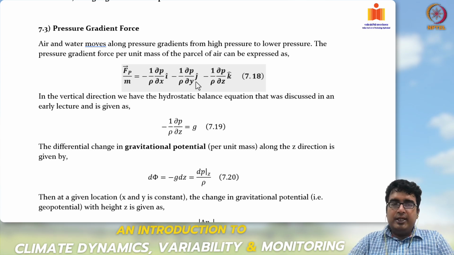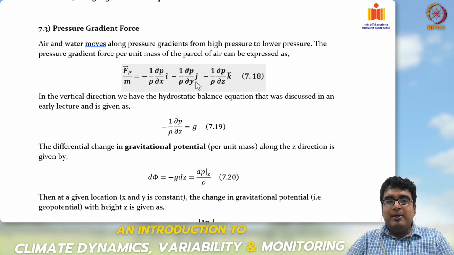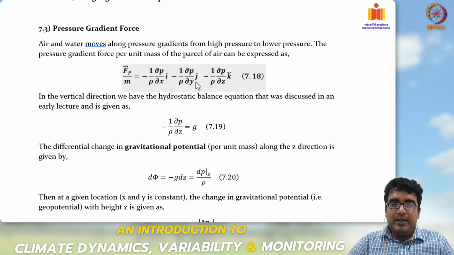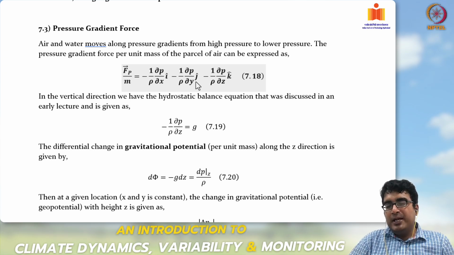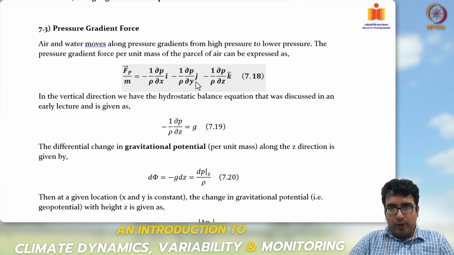Now the pressure gradient force, or the pressure force per unit mass, can be expressed in terms of pressure gradients. So pressure is force per unit area. So force per unit mass is basically the gradient of this pressure per unit density of the atmosphere at that point.